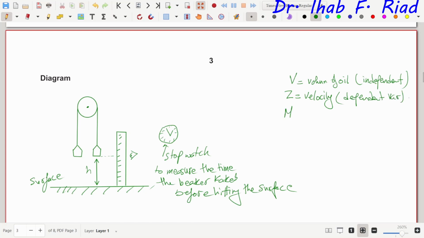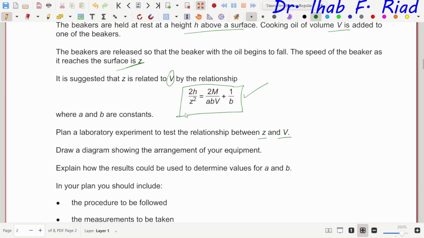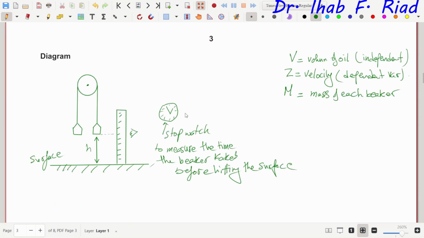Now what else do we have? We have the mass of each beaker, and we have H, the height of the beaker above the surface.